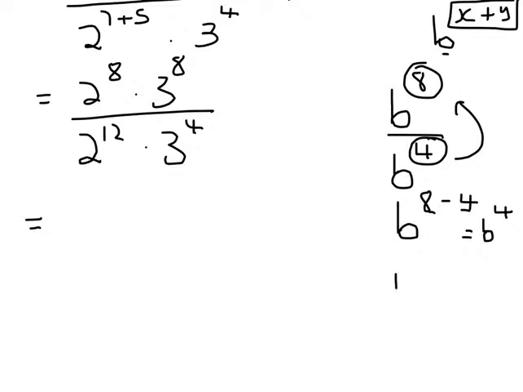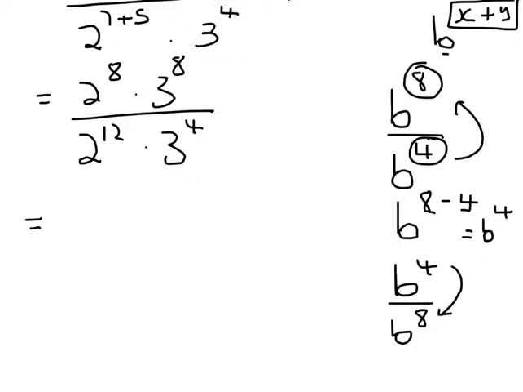But in a situation where you have base to the exponent of 4 over base to the exponent of 8, remember that base, it doesn't matter what letter it is, it doesn't matter what number it is, as long as they are the same. So in this case, this 4 has to go to the denominator part.